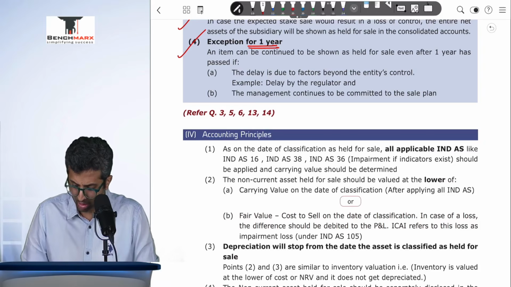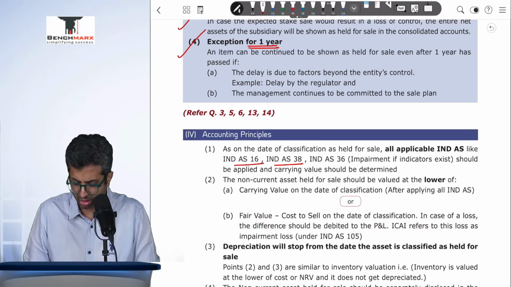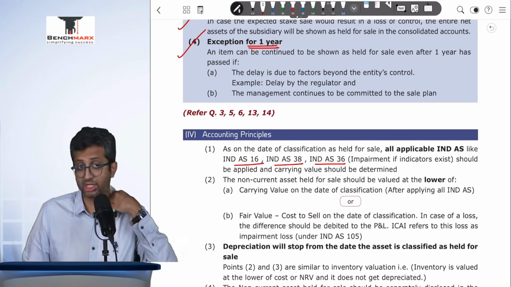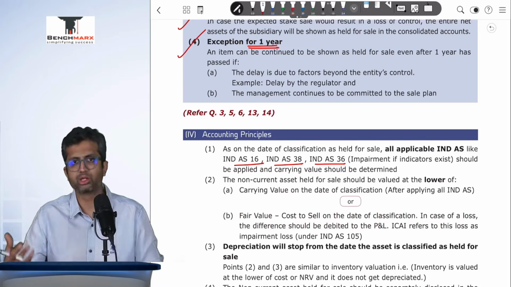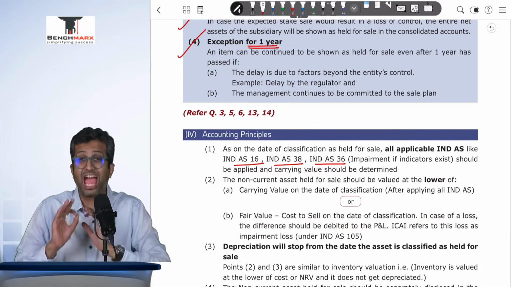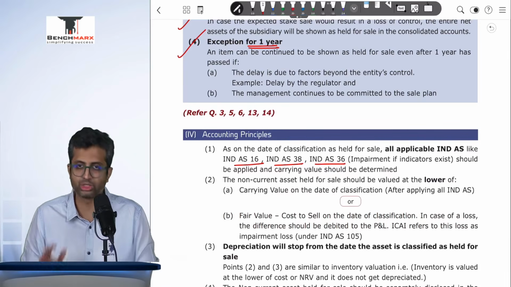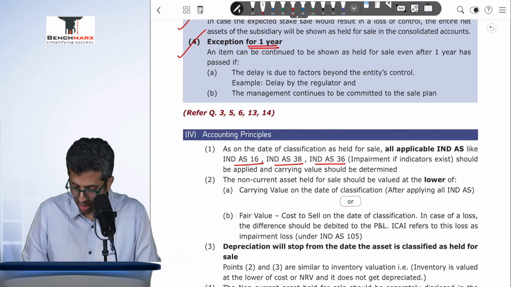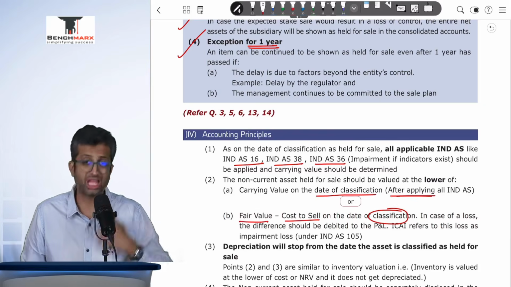So over here you will apply Ind AS 16 for depreciation, Ind AS 38, Ind AS 36 if there is an impairment, or even borrowing cost which was required. You will apply all standards till the date of classification and then find the carrying value as on that date, and compare it with the fair value less cost to sell, and select whichever is lower.